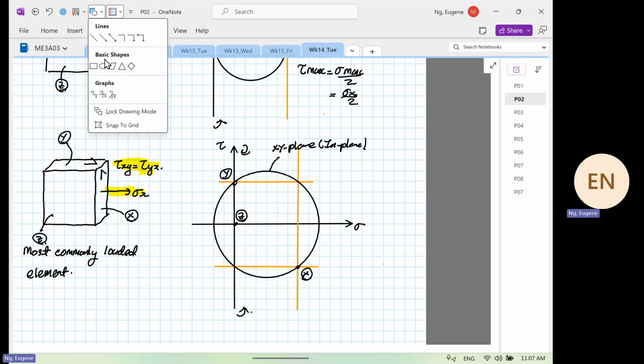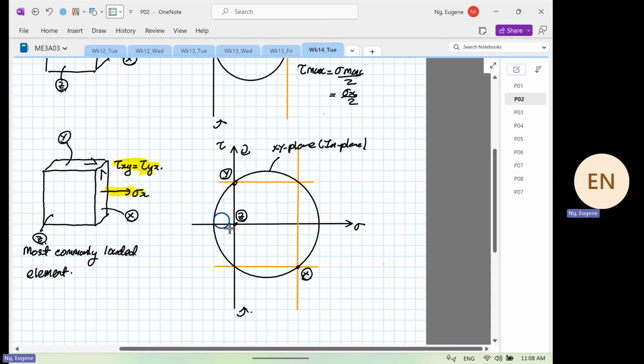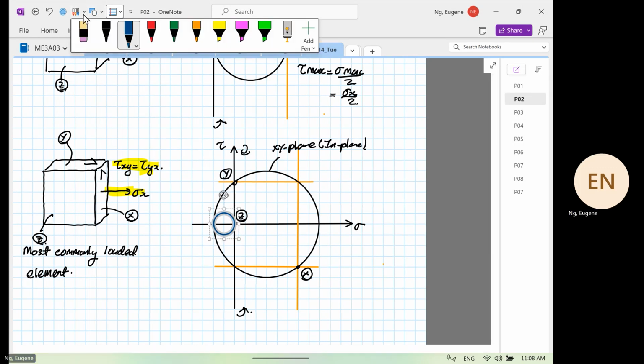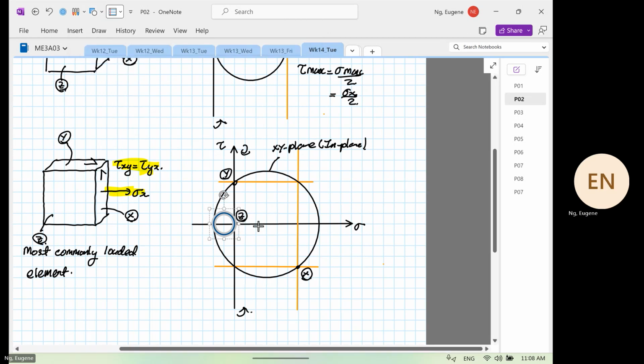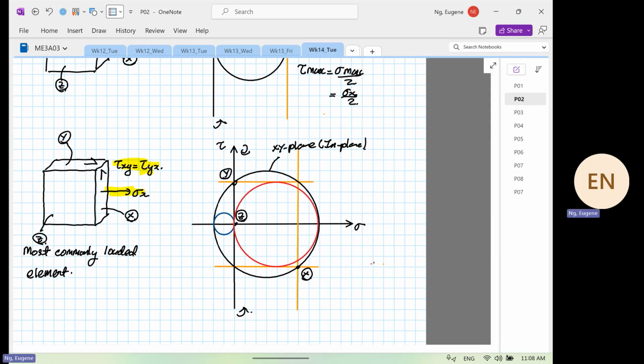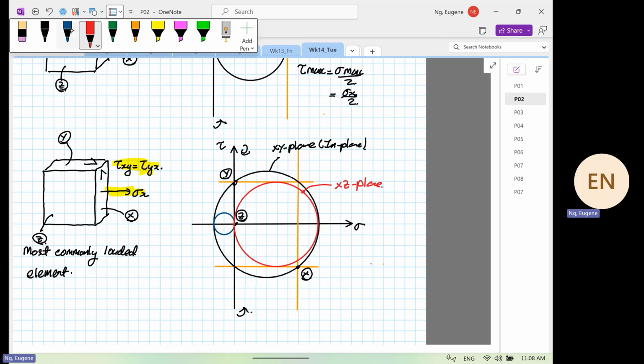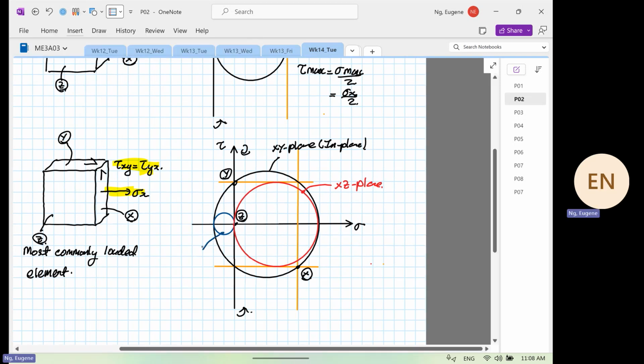One circle is over here, and then the other circle is over here. These are the other two circles, which are your out-of-plane ones. This circle belongs to your XZ plane, and over here, this belongs to your YZ plane.